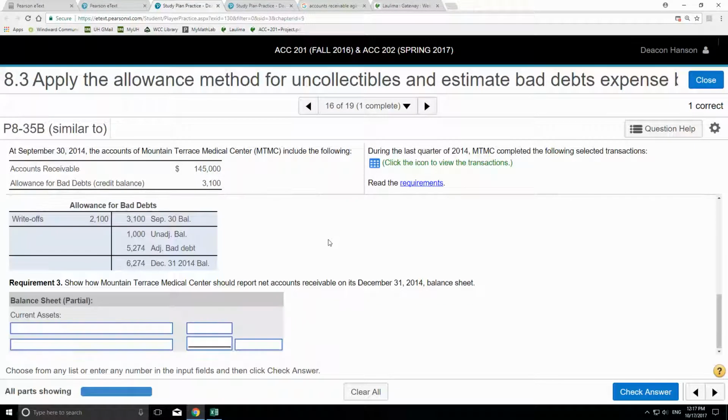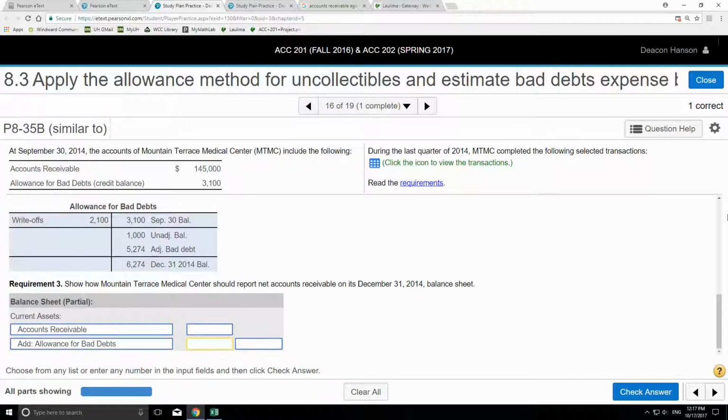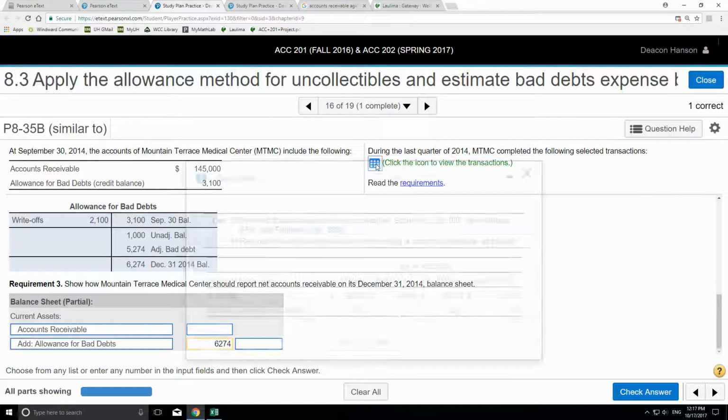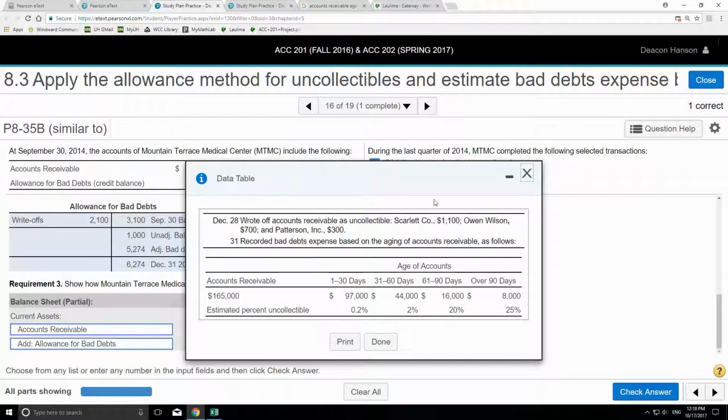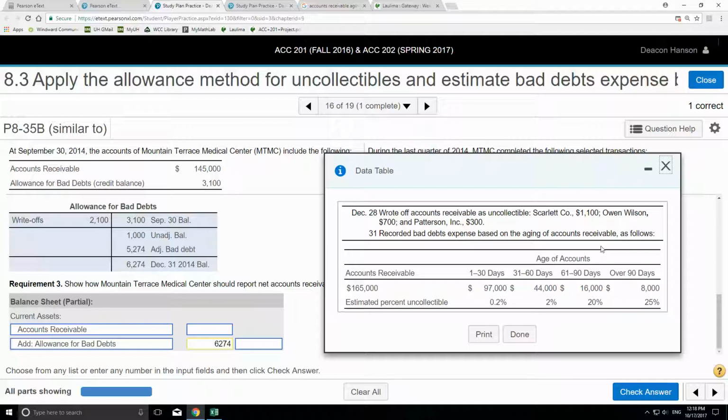So on our balance sheet, we're going to show our accounts receivable, and we're going to show it net of the allowance for bad debt, which we know is 6,274, right from the account. I just pulled it down. And then let's just make sure there aren't any other sales. We're going to use this figure from the aging schedule, the total accounts receivable.